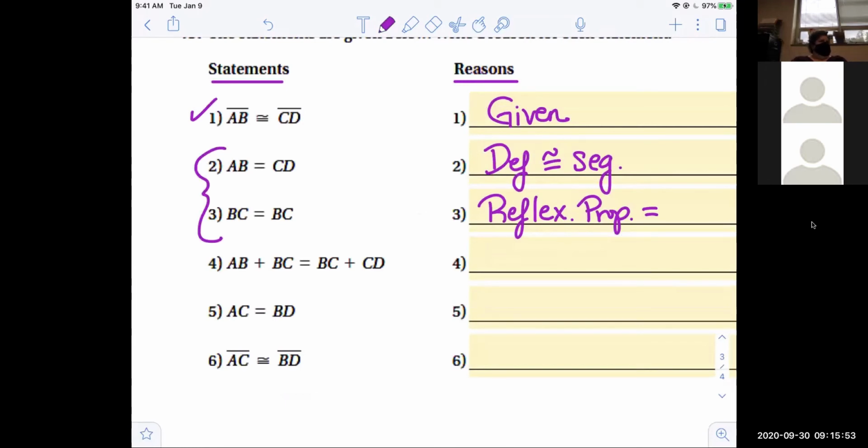What is happening in number 4? Two and 3 are being combined together to give us step 4. Caroline, what do you think that is?